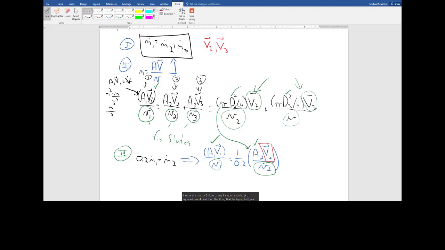So from this equation, I could get one answer that I'm looking for, as velocity at 2 is equal to, it's funny because I have to undo this division, 0.2 times A1 V1 over the specific volume of 1. I also have to multiply this by the specific volume at 2, and I have to divide by the area at 2.